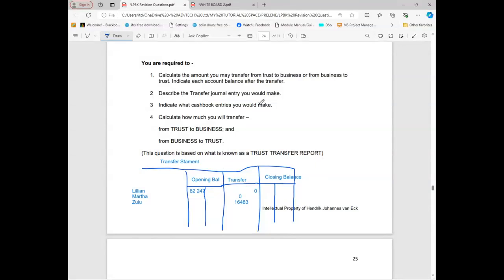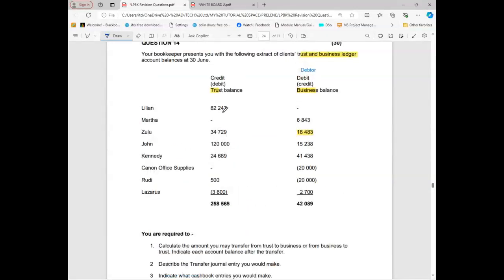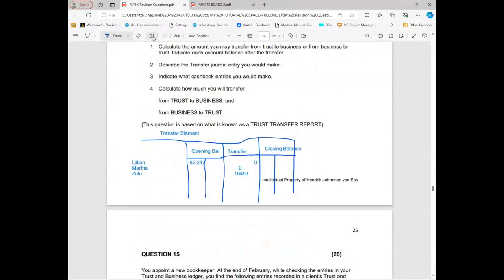So here I can call this part the trust one, and this one is the business one. So here I've got trust of 82, and then the closing balance. Sorry, technology. Let me just do this. Let me just have 87 like that, and then the balance will still be, let's say this is the trust.